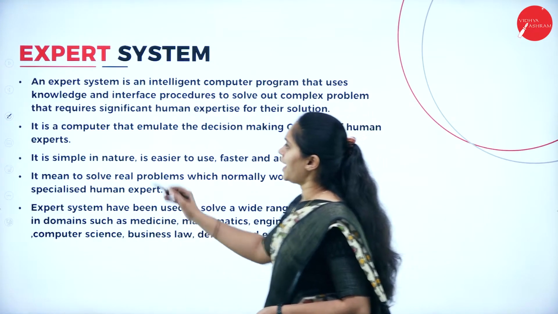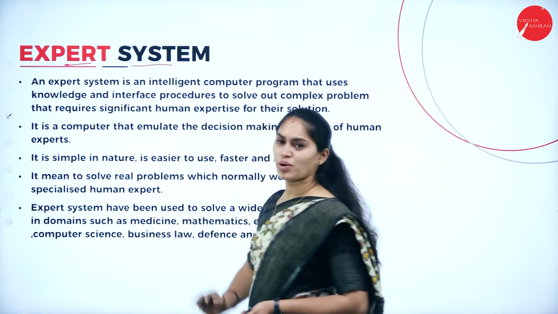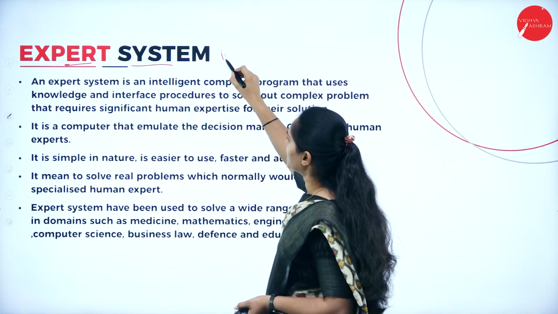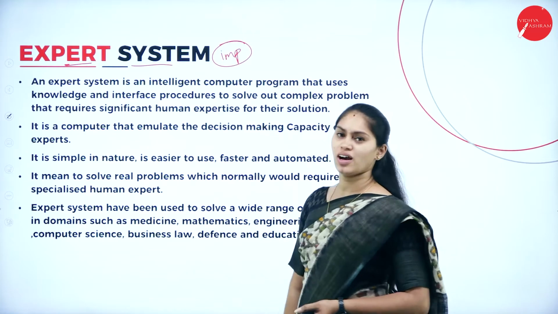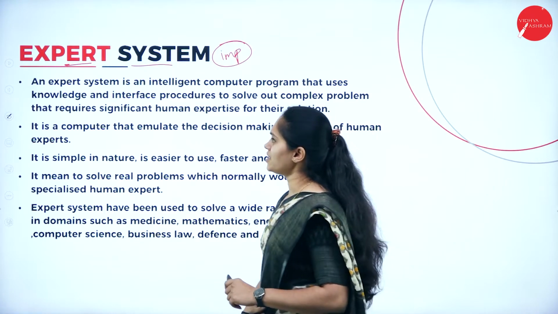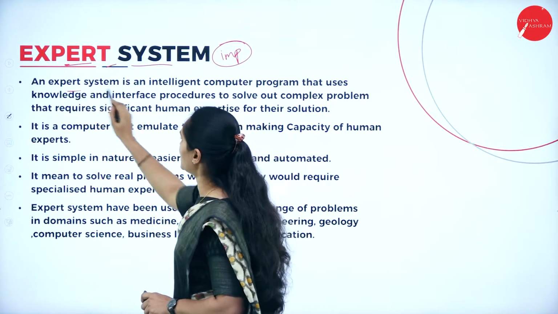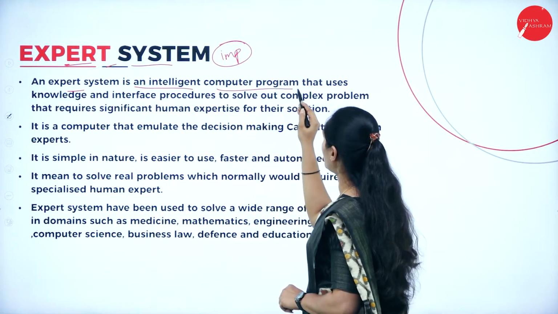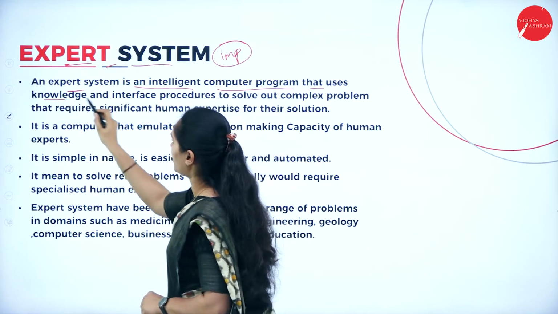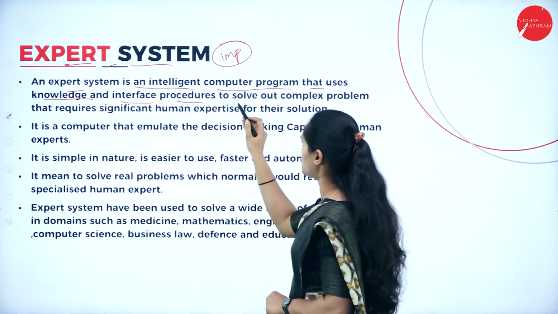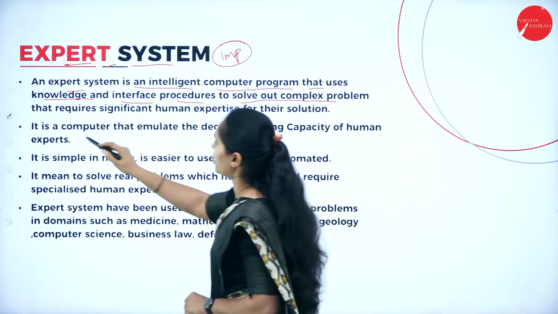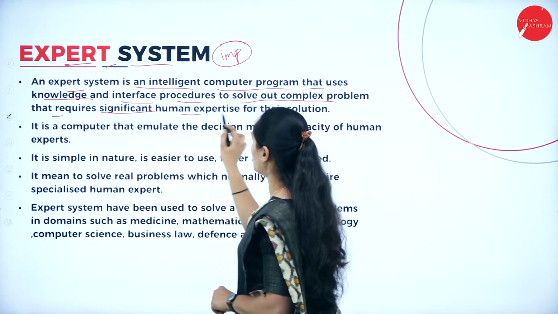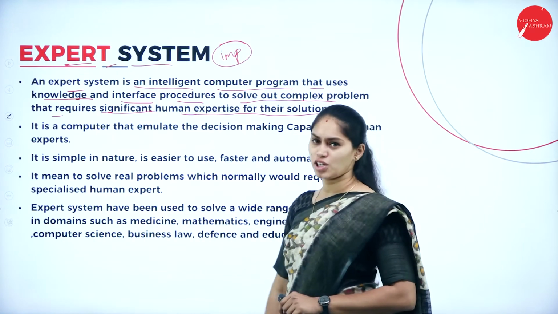Next we have the expert system. This is also an important question: what do you mean by an expert system, or write a note on expert system. What is an expert system all about? It is an intelligent computer program that uses knowledge and inference procedures to solve complex problems that require significant human expertise for their solutions.